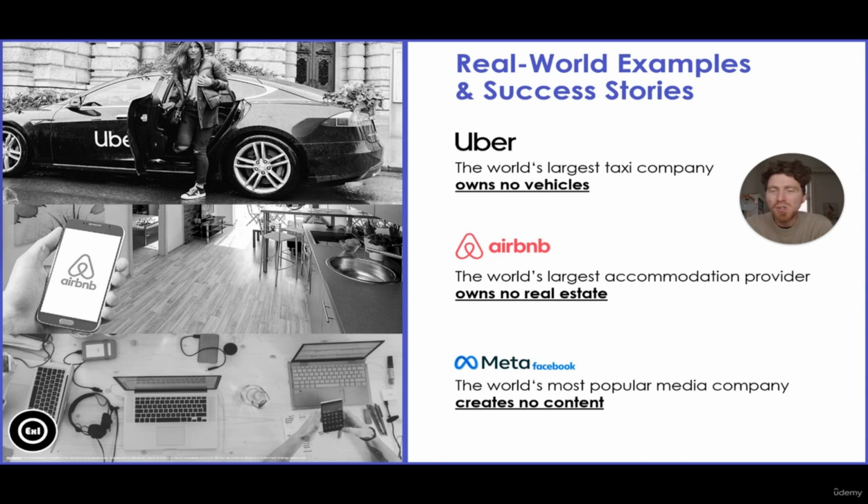So Uber is just facilitating the interaction between drivers and passengers without any physical inventory. Airbnb, the world's largest accommodation provider, owns no real estate. Their core transaction is to bring together real estate owners and guests who are looking for a place to stay.